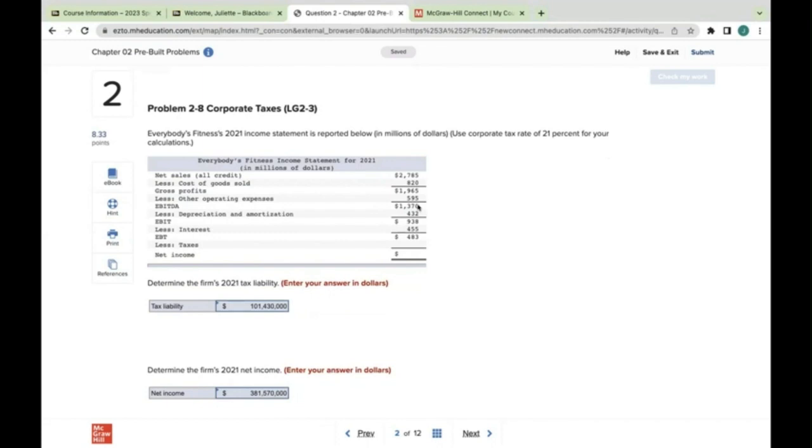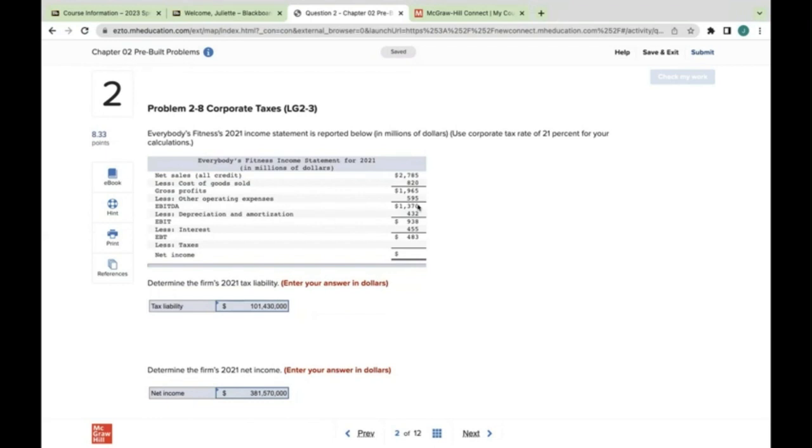In other words, you're subtracting 30%. So whatever is left will be 70% of that. That's your taxable income, times 0.21, and that will be your tax liability. Because that's how the book is doing it, which is very peculiar.